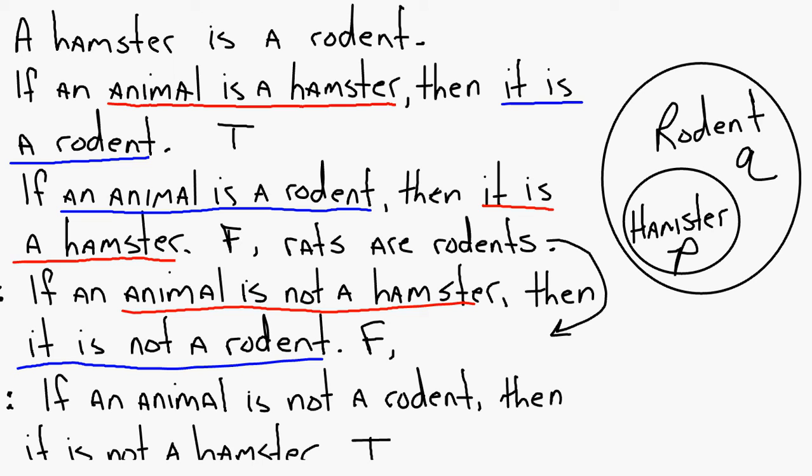Anybody have any questions about writing the related conditional statements, drawing a Venn diagram from a statement, or taking a Venn diagram and writing a statement?